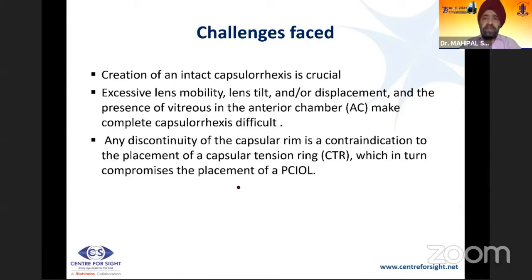Now, what is very important in all those cases is that the challenge faced is the creation of an intact capsulorhexis. That is very crucial. Excess lens mobility, tilt and displacement make the capsulorhexis difficult. And any discontinuity of the capsulorhexis is a contraindication to the placement of a capsular tension ring, because the rip in the anterior capsule is going to extend and cause a problem.